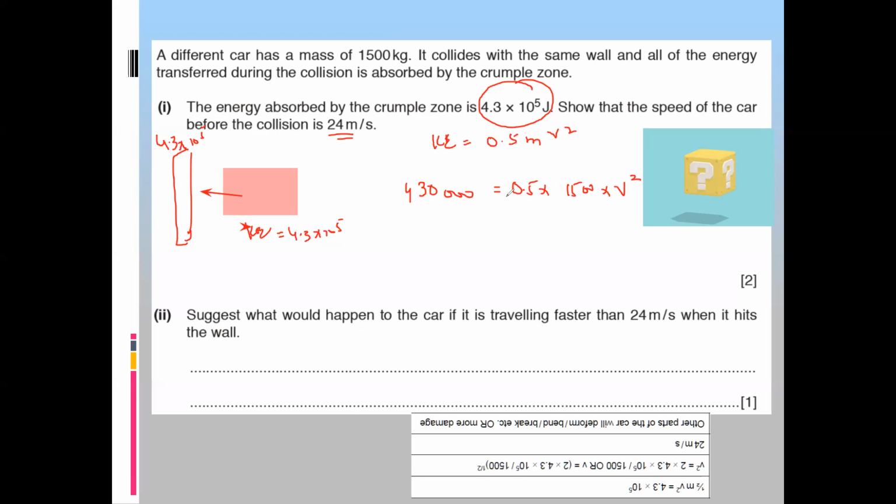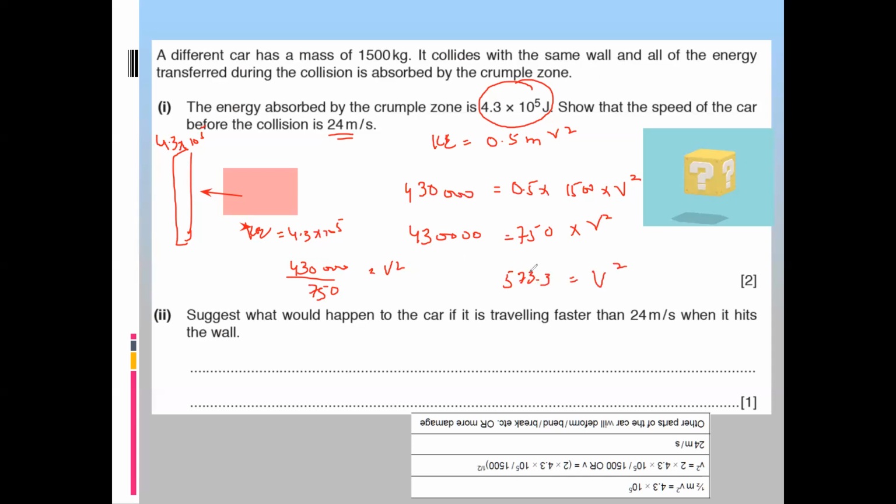So 1500 multiplied by 0.5 is equal to 750. So it will be 430,000 equals 750 times v square. 750 is multiplied, on the other side it will divide. So 430,000 divided by 750 equals 573.3, which is v square.